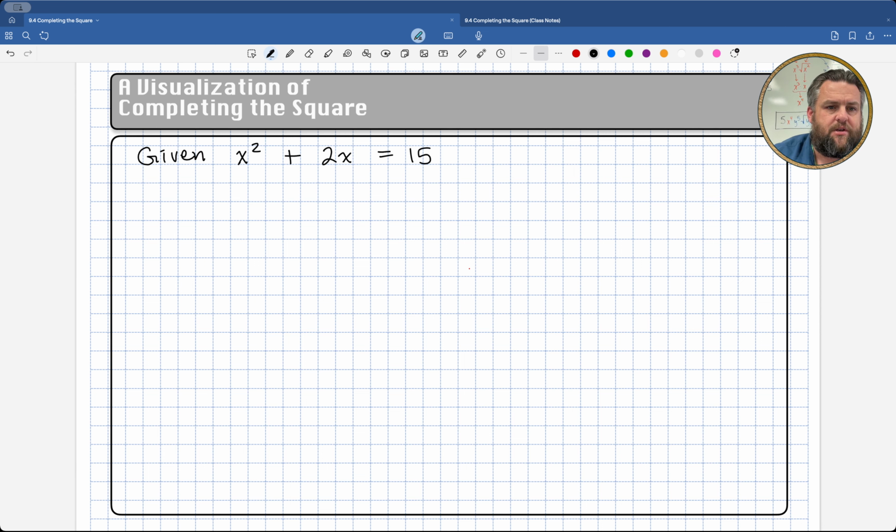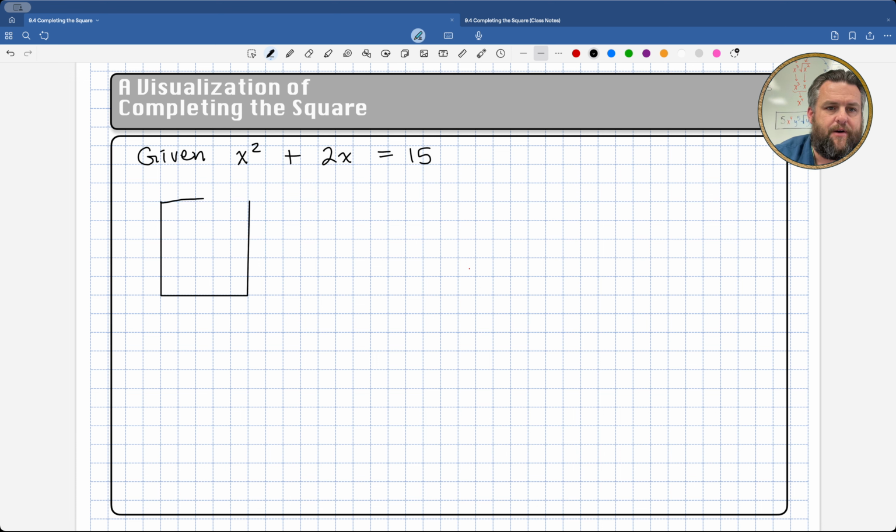So what we'll start with is visualizing what the left side of the equation is going to look like. We're going to use an arbitrary square to represent our x squared. We're just going to start by creating a square, a 5 by 5 here, just to represent this graphically.